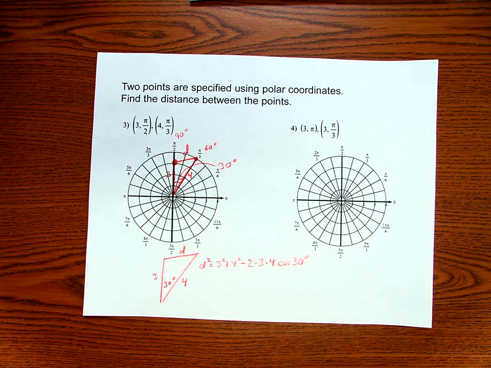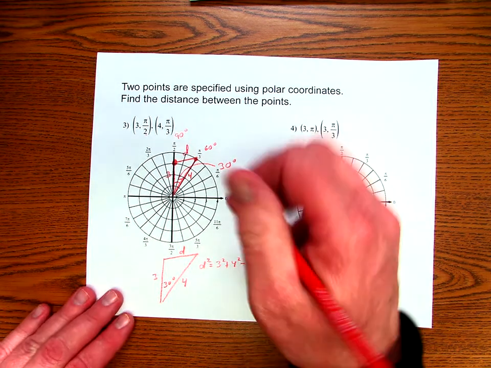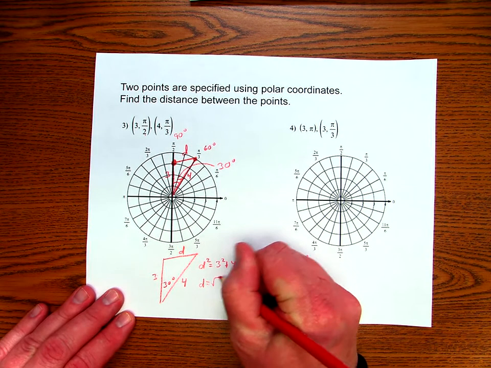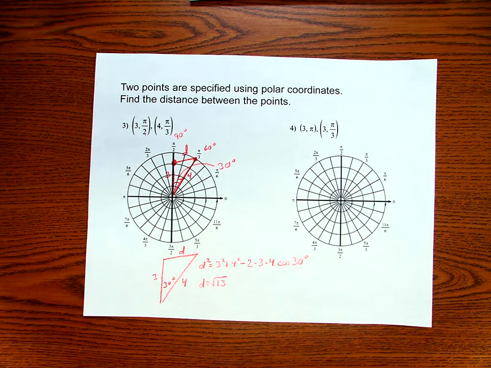Solve that equation for D, and that'll give us that distance. I'm not going through those steps in the interest of time. It turns out that that is root 13. It's an exact distance between those 2 points.